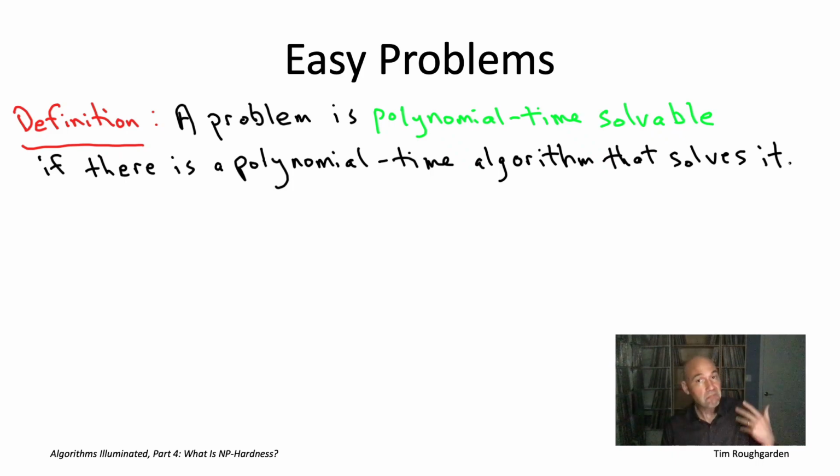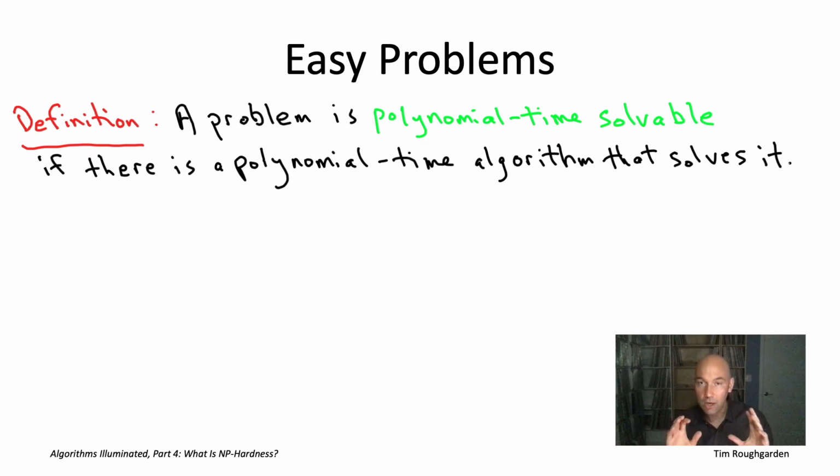Now, in principle, if a problem is solved by an algorithm running in time n to the 100, where n is the input length, that counts as a polynomial time algorithm, and so that would qualify for being a polynomial time solvable problem. But actually, what's really interesting is if you turn this statement on its head. If I told you that a problem was not solved by any polynomial time algorithm, I'd be saying there is not even an n to the 100 time algorithm that solves it.